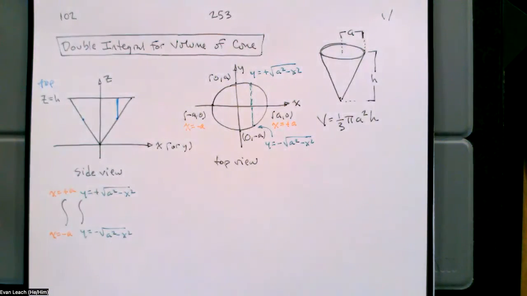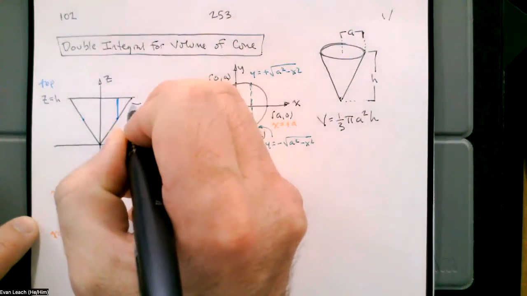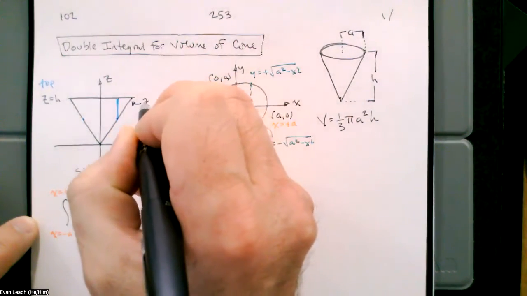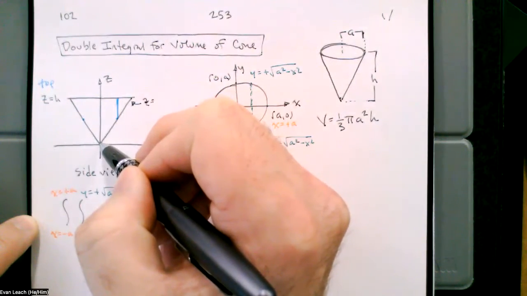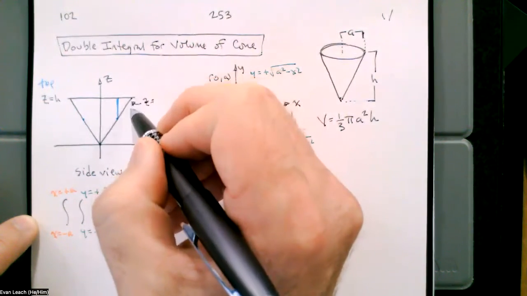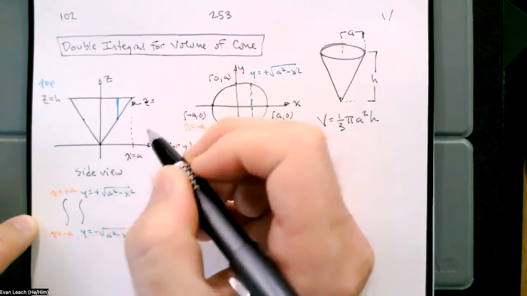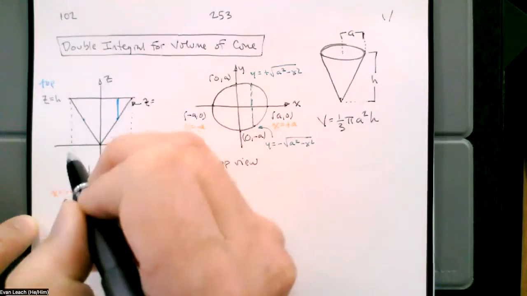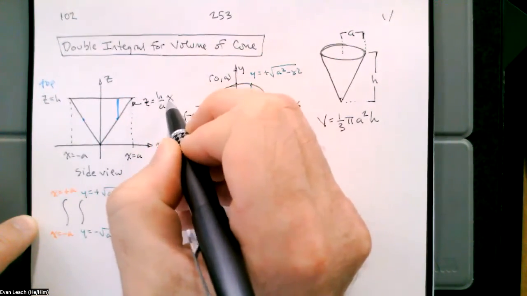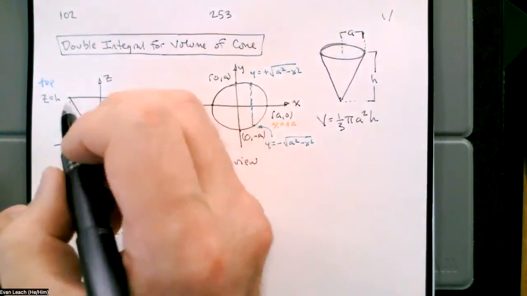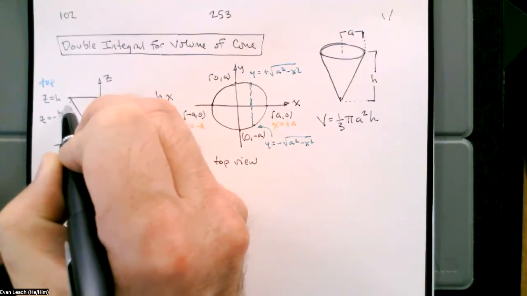So on the left side, we have z equals h over a times x, and over on the right side, z is equal to minus h over a times x.